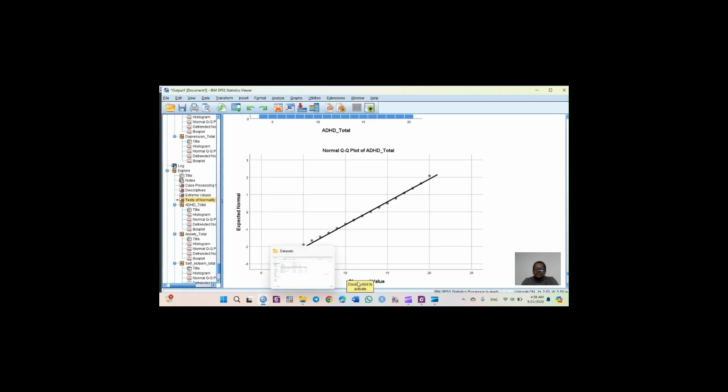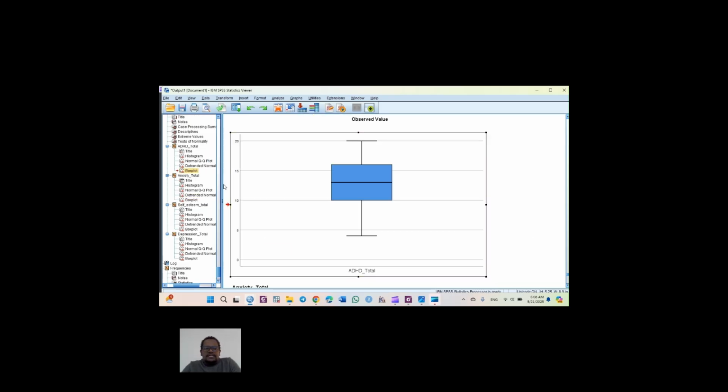This is the observed value, and this is the expected normal. So if the dots closely align with the line, that shows the data is almost normally distributed.